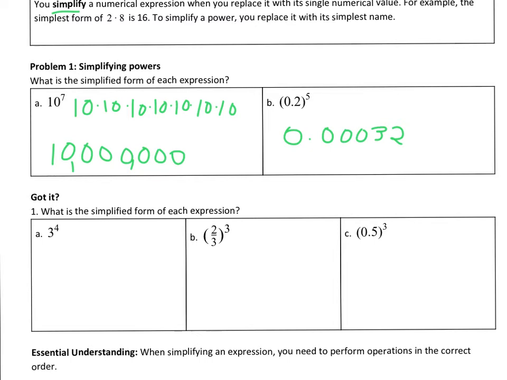So I'm not going to require you to write the repeated multiplication, but it's just a nice thing to keep in mind, to know what a power means. So 10 is the factor itself. 7 in that example is the number of factors. 0.2 is the number we're multiplying. 5 is the number of factors. So it's 0.2 times 0.2 times 0.2 times 0.2 times 0.2, which is 0.00032.